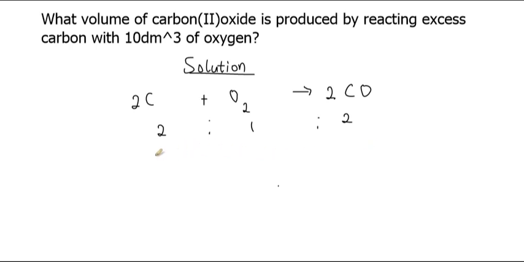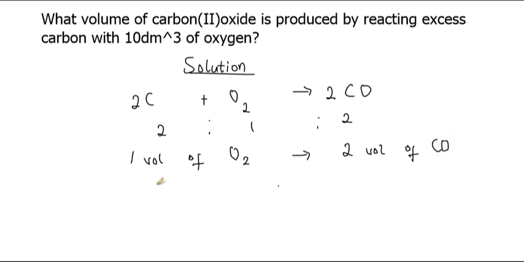So now here, for our stoichiometric relationship to calculate this, since we are dealing with only oxygen and carbon(II) oxide based on the question, we're saying 1 volume of oxygen will liberate 2 volumes of carbon(II) oxide.